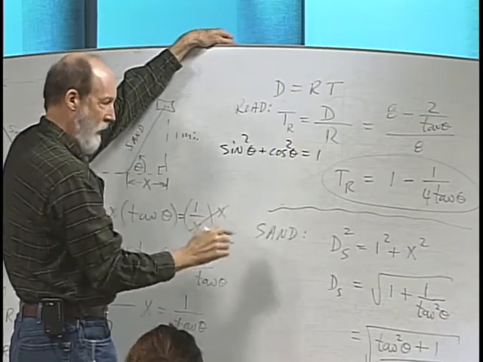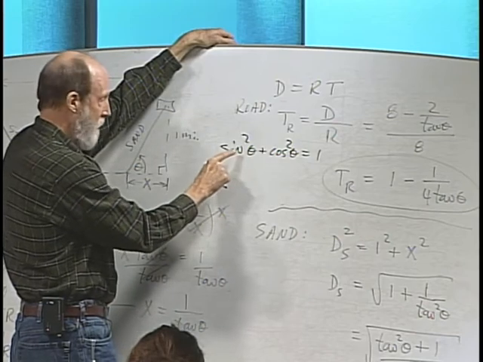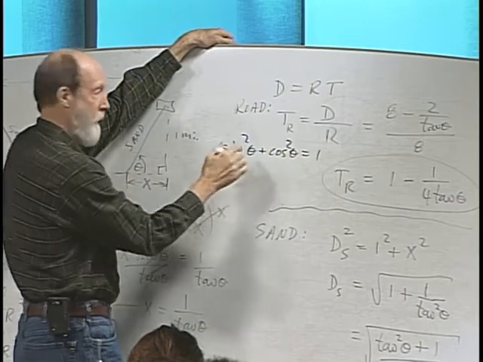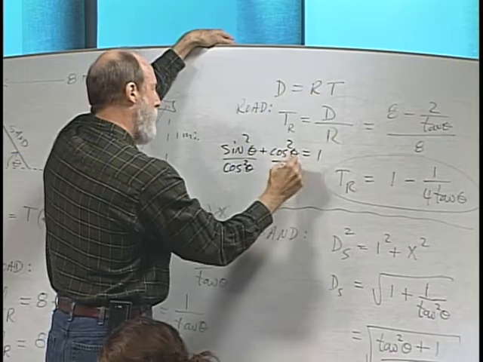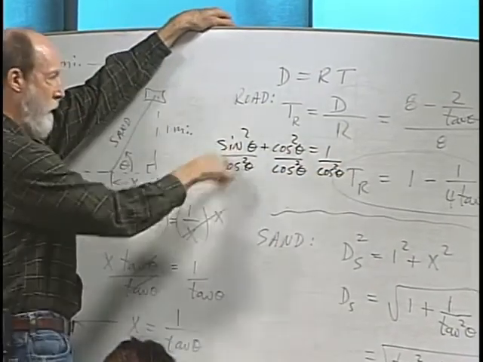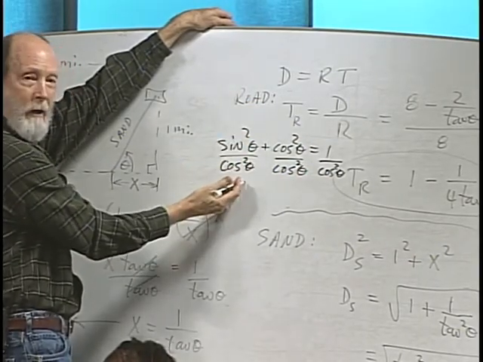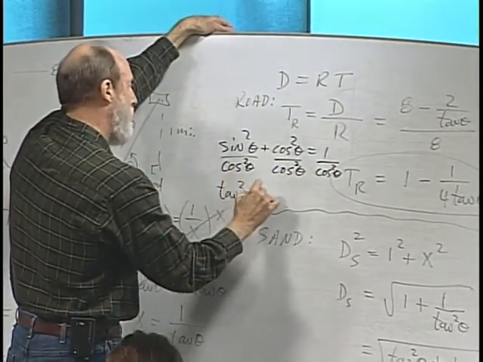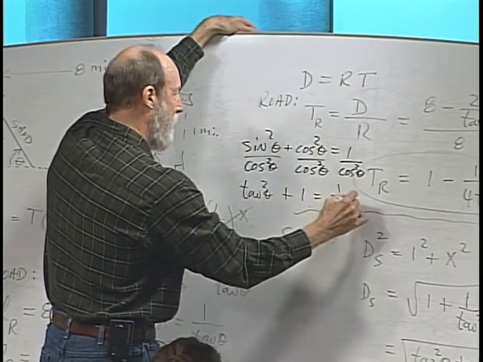So we have that. Now, if I want to build a tangent out of this, if I divide both sides of this by cosine squared, like we did in the last session, every term divided by cosine squared, look at what we get here. Don't we see tangent right here being squared? So we get tangent squared of theta plus 1 is equal to 1 over cosine squared of theta.